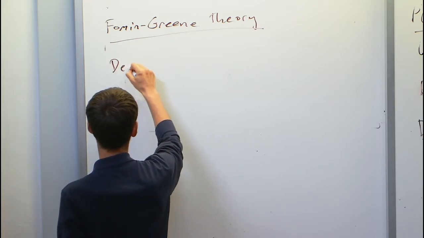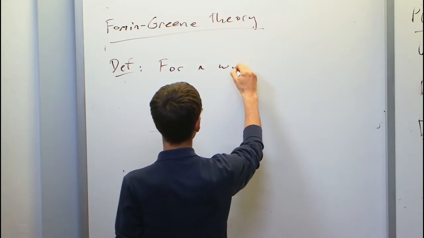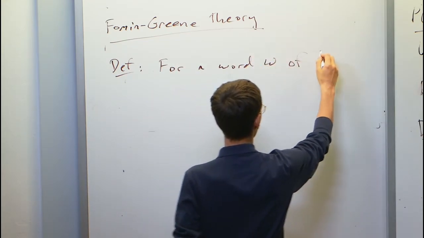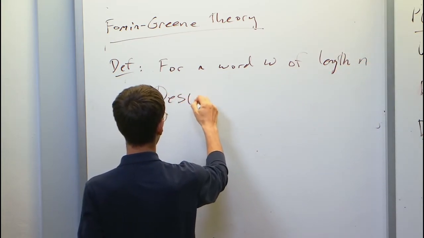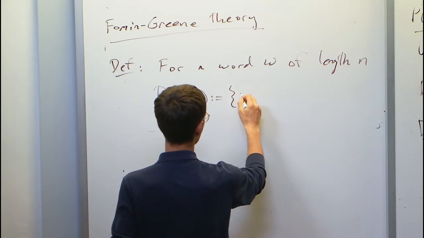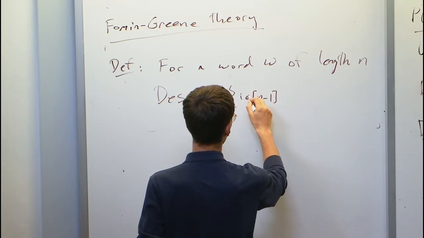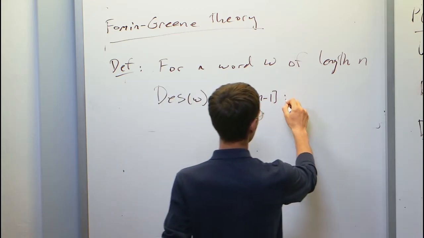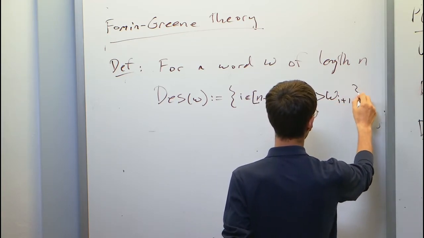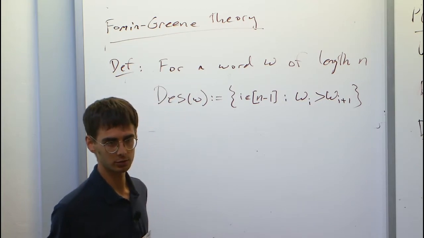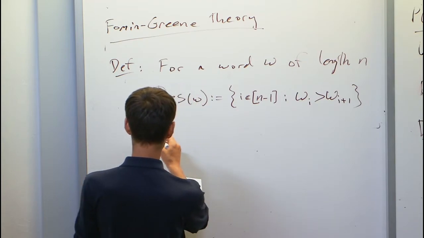So let's define, for a word W of length n, the descent set of W is just the set of indices from 1 up to n minus 1 such that W_i is greater than W_{i+1}. So those are two consecutive letters where you go down. I'll show you an example in a second.